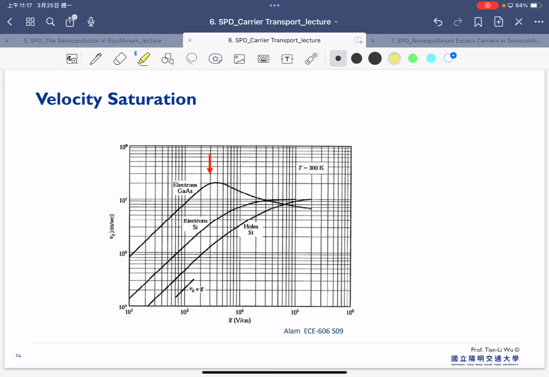But the problem is, this is not true because there's velocity saturation. In the low field region, we expect that as we increase the electric field, our carriers can transport faster, linearly proportionally. But if we go to a very high electric field, we will see what we call velocity saturation.